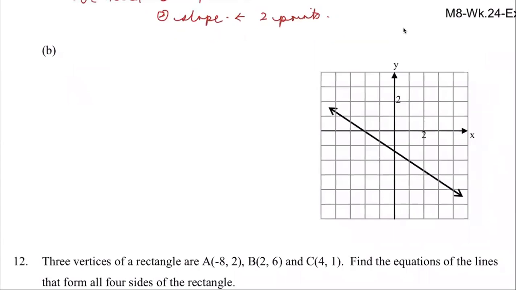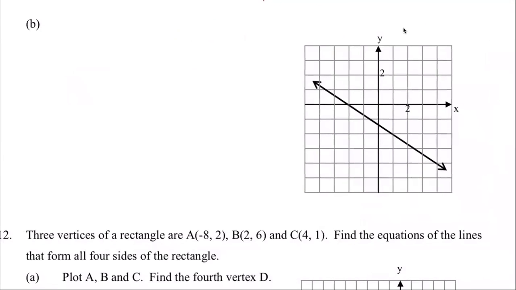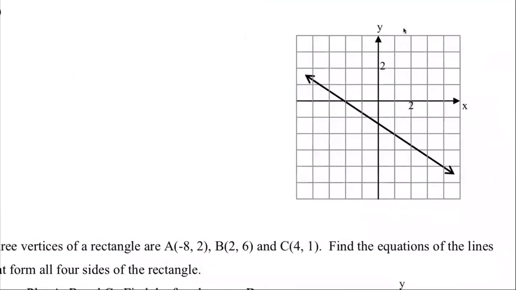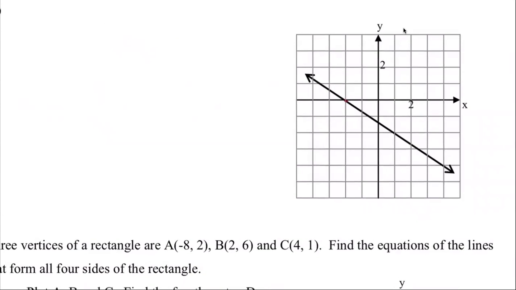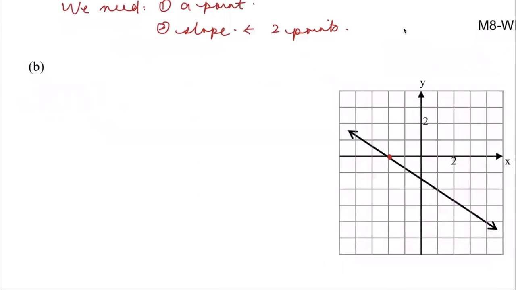Okay. So now let's try to read this graph. I can see that this straight line passes through this point. This point looks like minus 2, 0. So we know that minus 2, 0 is on the straight line, right?